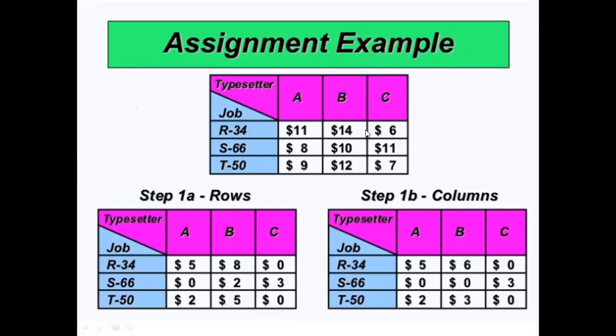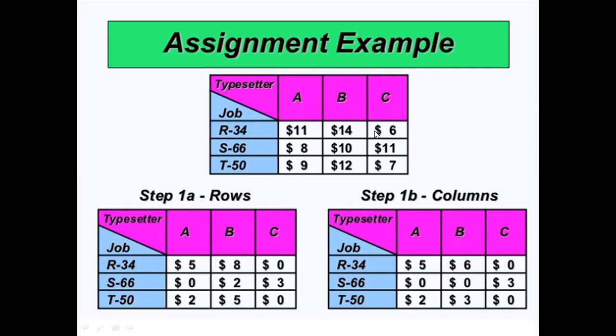So you see we have 3 rows, and then we will evaluate each cell by looking first at the rows. The first row, which is R34, we see the costs 11, 14, and then 6. The lowest amongst the 3 is 6, which means that we have to subtract all the cells by 6.